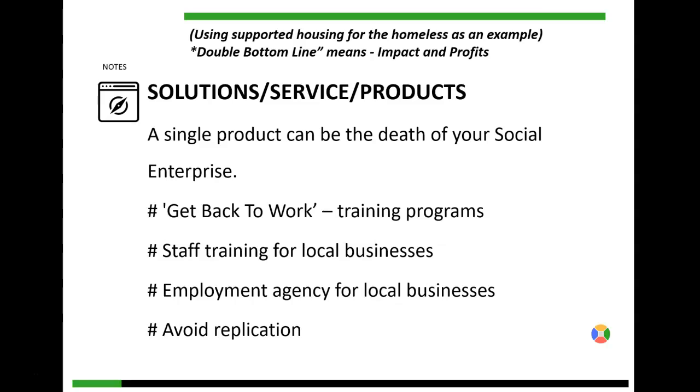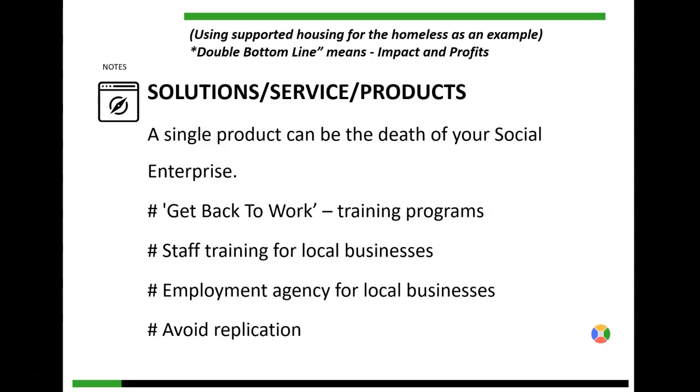So therefore, going back to this point, you want to come up with a solution that fits, a solution that works. But you don't want a single solution. You want a variety of solutions. For example, with the supported housing, we might say get back to work training programs could be one of the solutions. Now, it's not as difficult to come up with other solutions once you have one. Look at this one here.